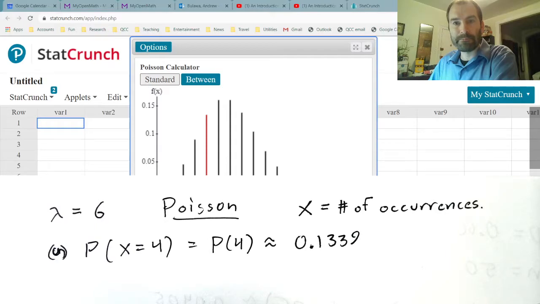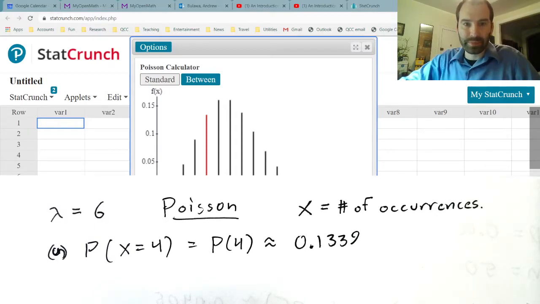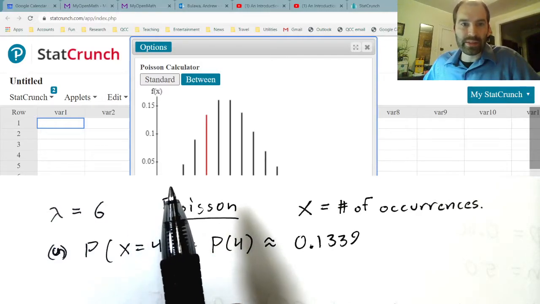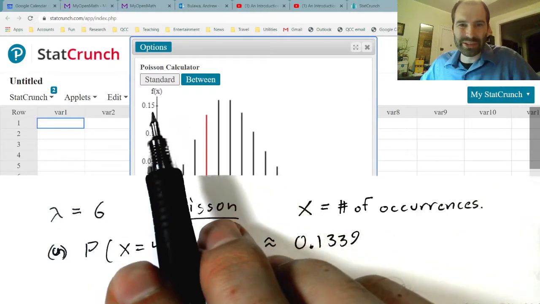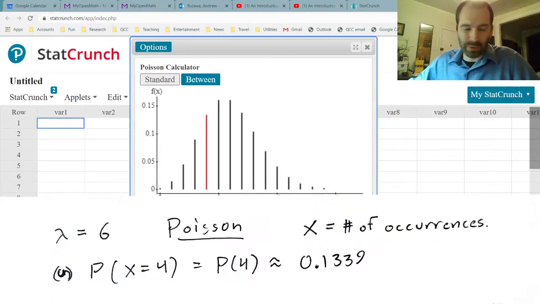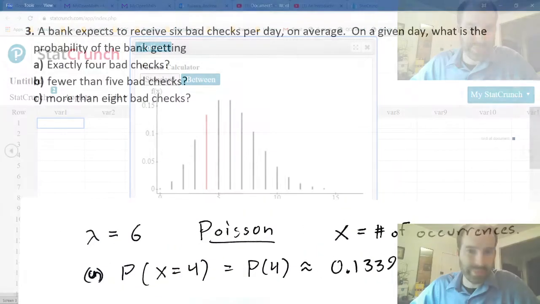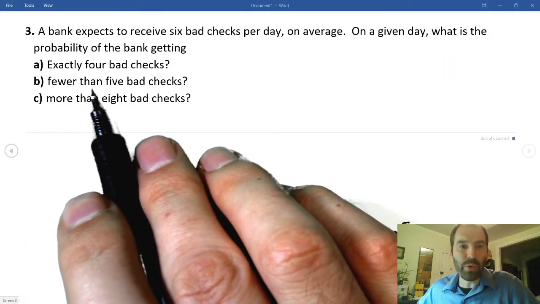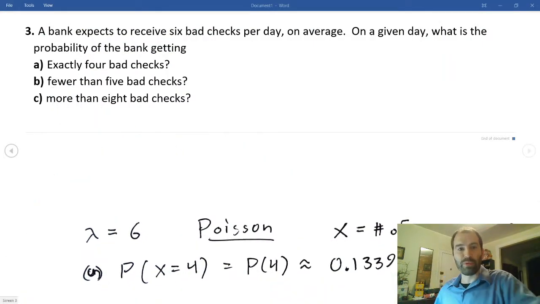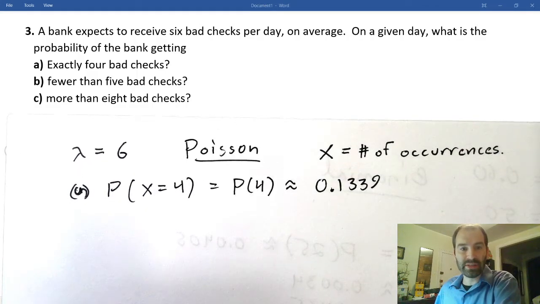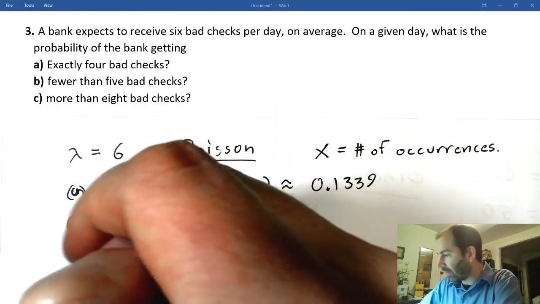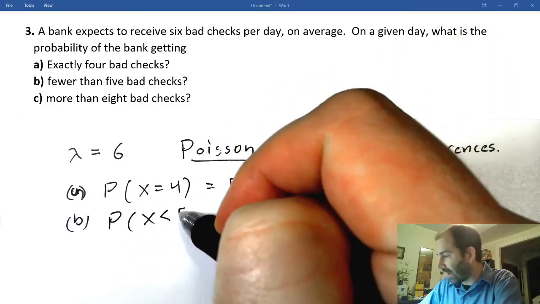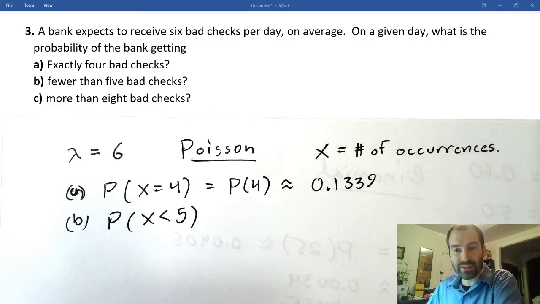Okay. All right, let's look at the next one. It says, what's the probability of a bank getting fewer than 5 bad checks? Well, fewer than means we're looking for the probability that x is less than 5. Fewer than 5, less than 5.